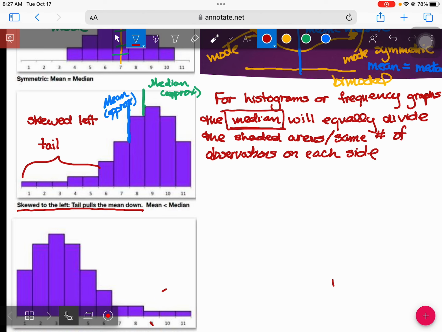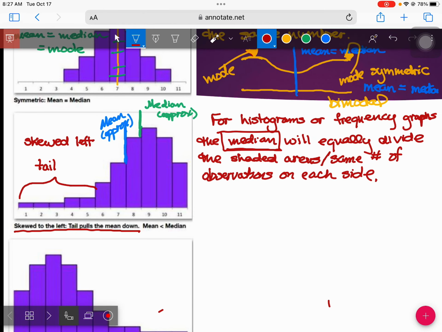This is page 71 that we're on, and I am recording it too. Okay, so this median, even though it is approximate, we're saying there's about half of the area here in purple over here, and there should be about half in purple on the other side.